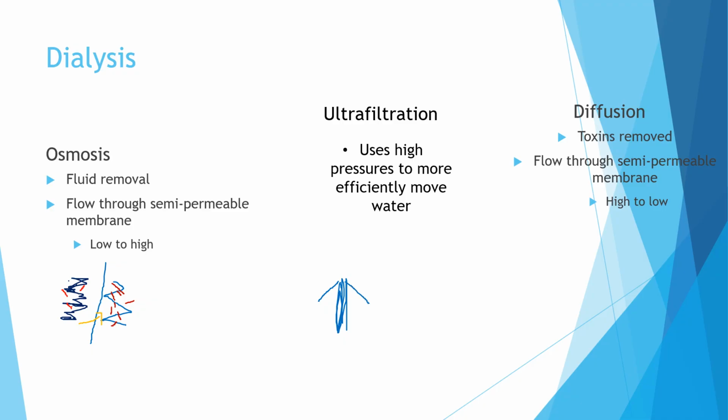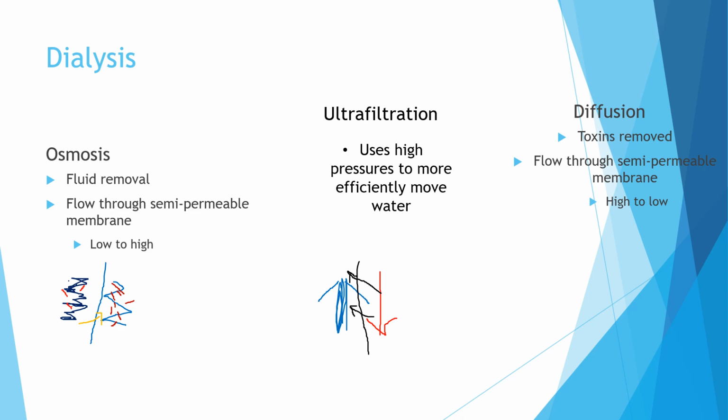And then our blood is going to go the other direction. And again, we've got a semi-permeable membrane here, and that's going to allow for solutes and water to be pushed through this membrane and into our dialysate, which is just going to be tossed out as waste when we're done.